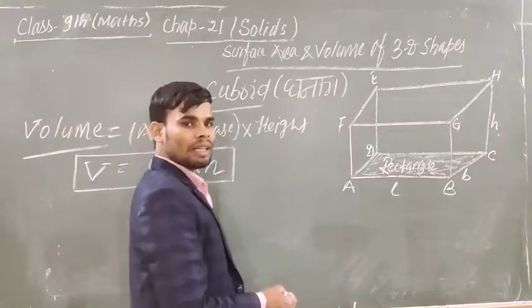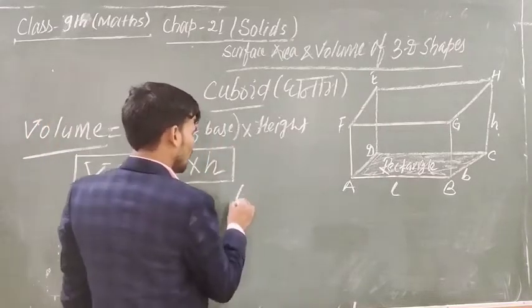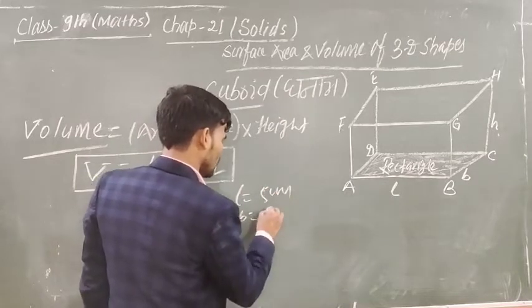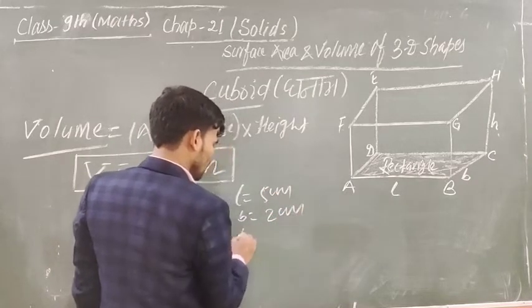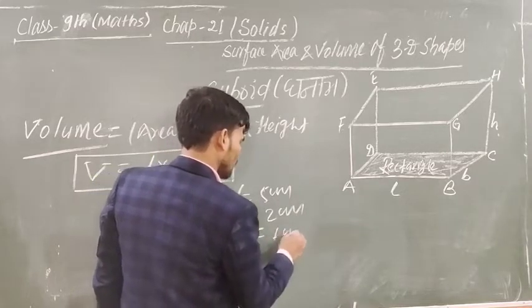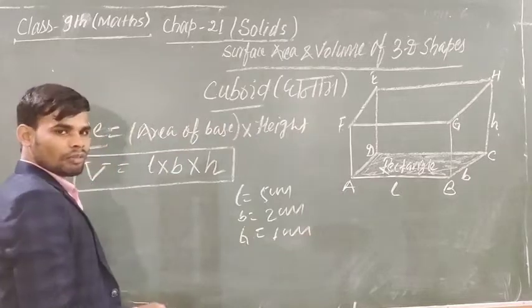For example, there is a cuboid whose length is 5 centimeter, breadth is 2 centimeter, and height is 1 centimeter. Then what is the volume of this cuboid?